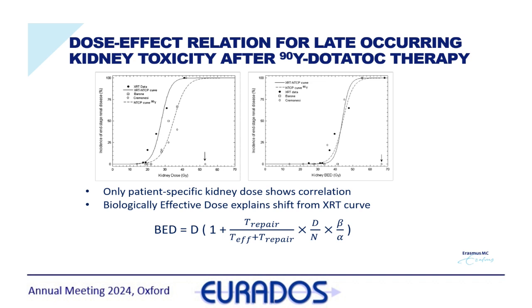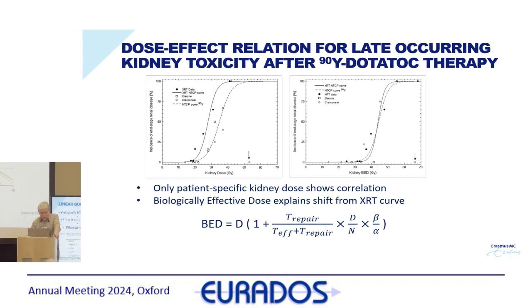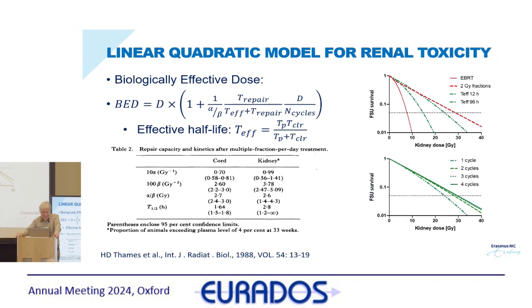A very important factor is that for these irradiations, in comparison to external beam radiotherapy, you need to know something about the repair half-life of sublethal damage. Fortunately, there was some information on this repair half-life from animal experiments, but you see here that the 2.8 hours which we took to calculate this BED can be anything between 1.2 and infinity. So we have some freedom in choosing it.